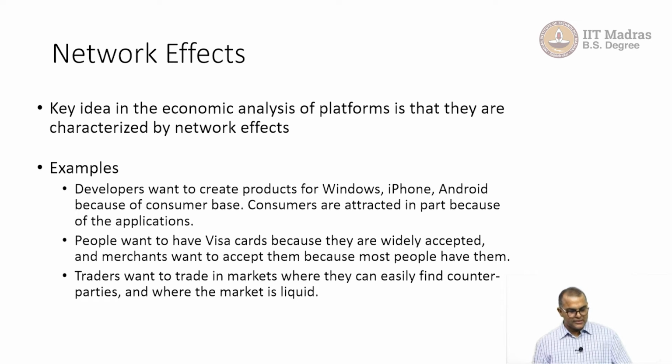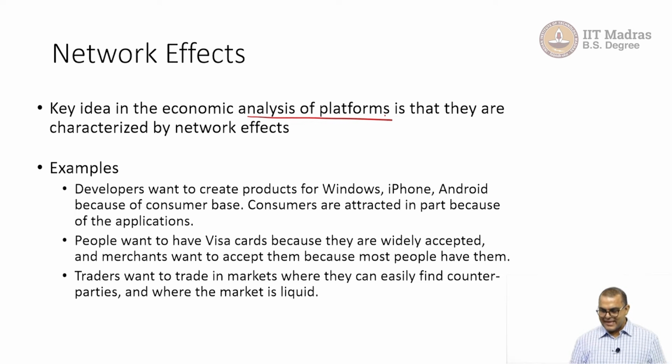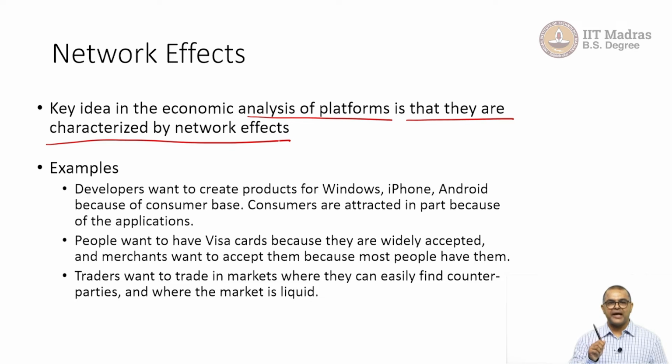So let us look at the platform. The key idea in the economic analysis of platforms is that they are characterized by network effect. That's the reason we wanted to revise and understand network effect. Network effect is the root cause for the success of platforms.